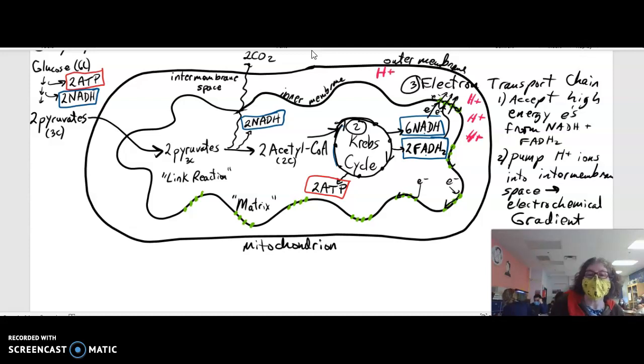And remember, a hydrogen ion is really just a proton, isn't it? Because a hydrogen atom is just a proton plus an electron. So what you're really doing is creating something that they often call a proton motive force. Where you're concentrating a whole bunch of hydrogen ions in this intermembrane space.